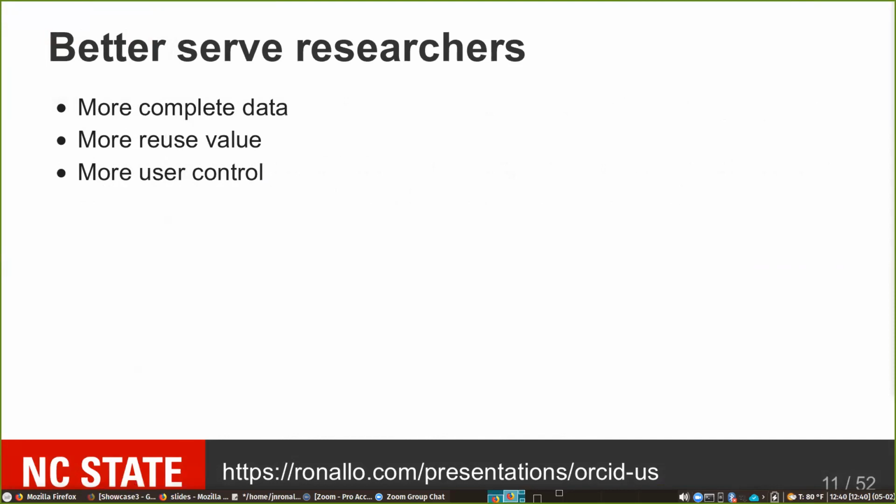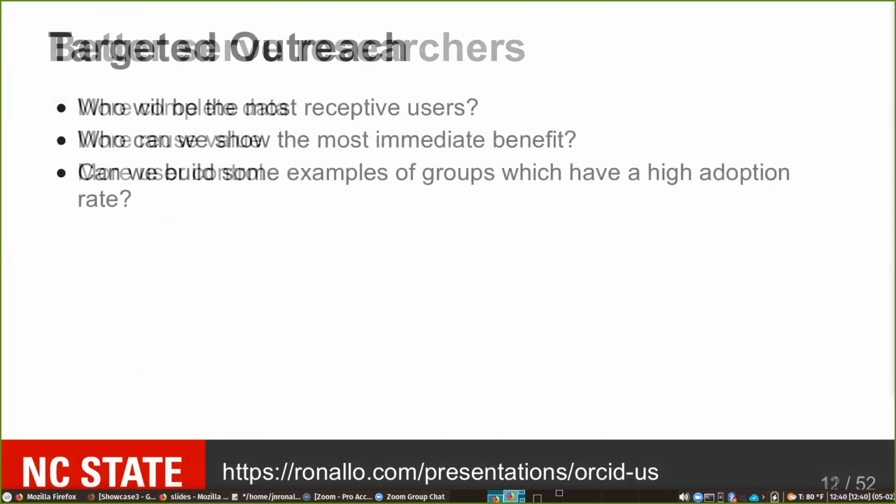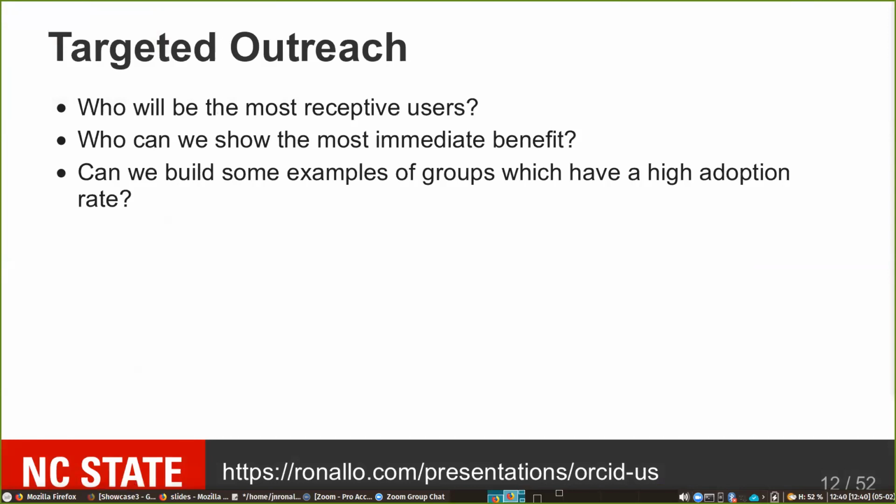We've been doing this for a while and really wanted to see how we could better serve researchers, how we could have more complete data, more reuse of this valuable data, and more user control. So you can begin to see how ORCID fits in. We began with some targeted outreach on our existing services, adding ORCID into the promotion mix there.